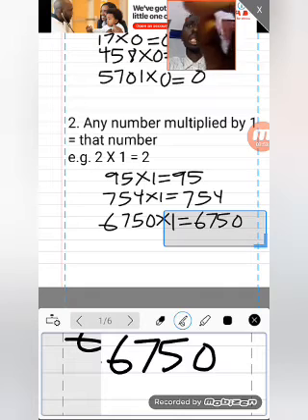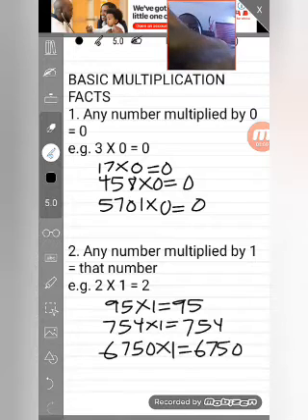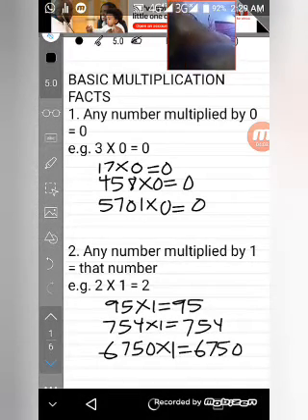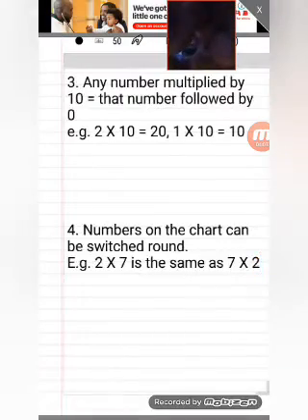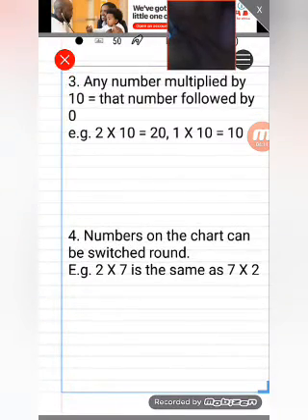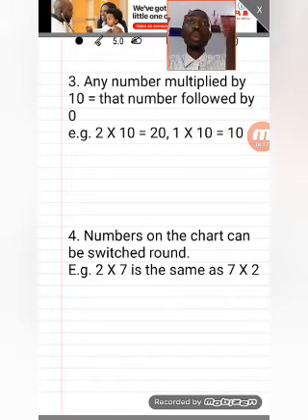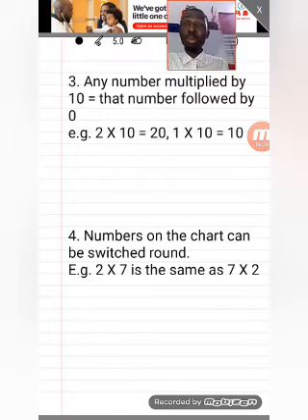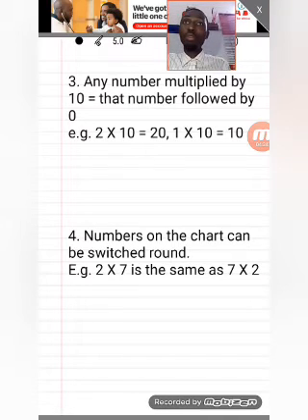So any number multiplied by 1 will still give you that same number. Good. Now let's look at another fact of multiplication. It states that any number multiplied by 10 will be equal to that number followed by 0.